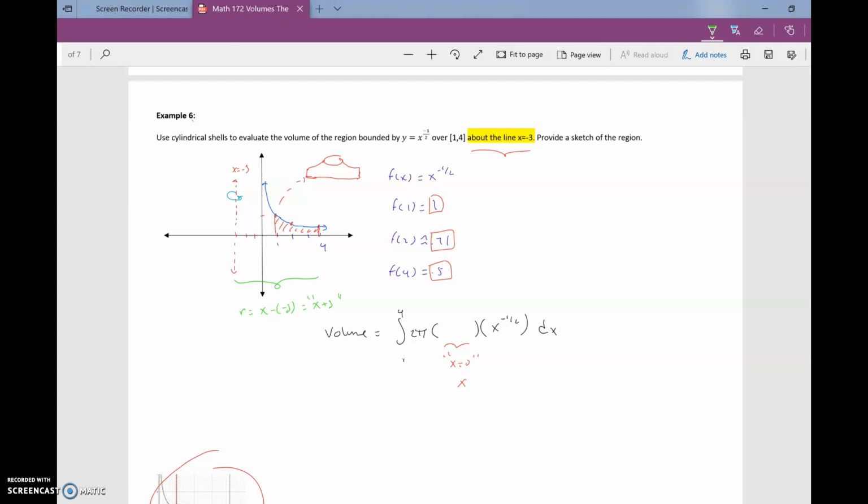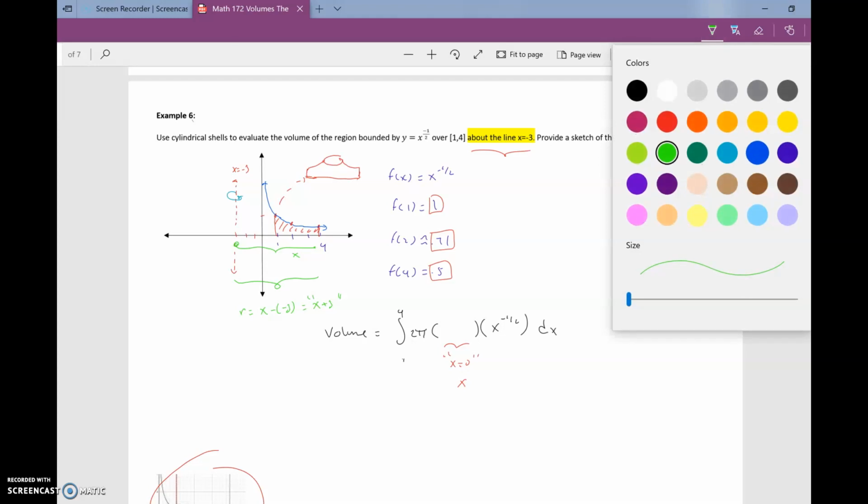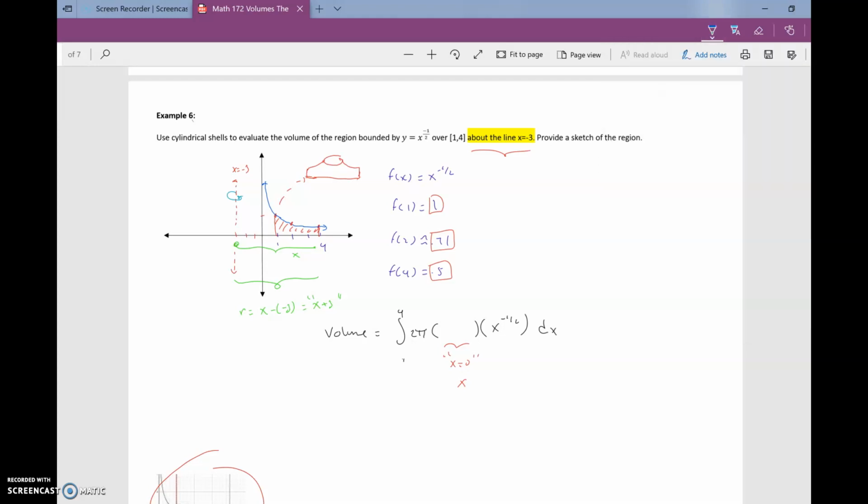Remember that you're getting the radius from here to technically any x value, so not actually 4. It goes all the way from -3 all the way to x, or x minus -3. So it simplifies to x plus 3 for this portion.